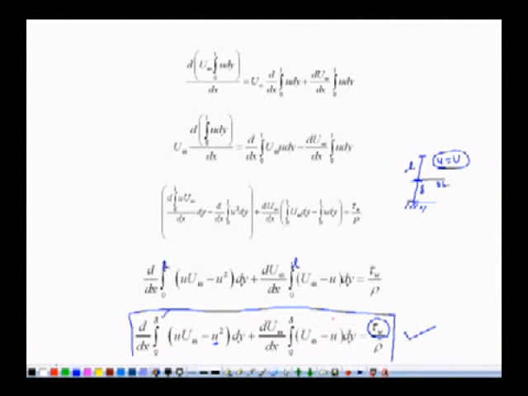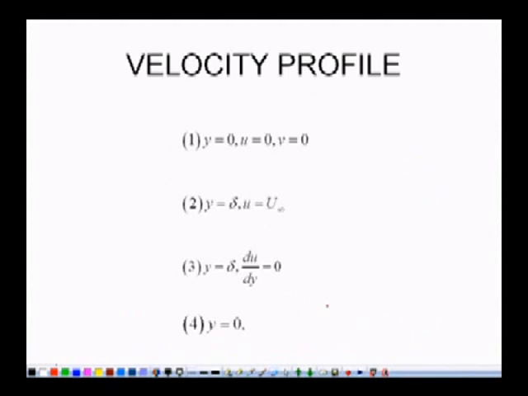So how do we get the velocity profile? This can be evaluated with the help of some boundary conditions. What are those boundary conditions for finding the velocity profile inside the boundary layer?